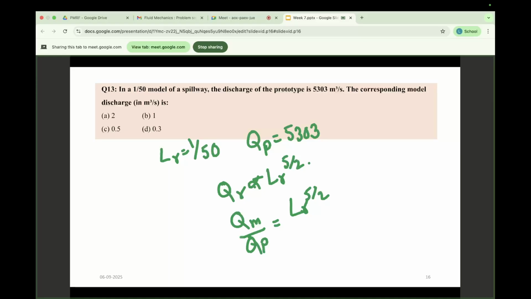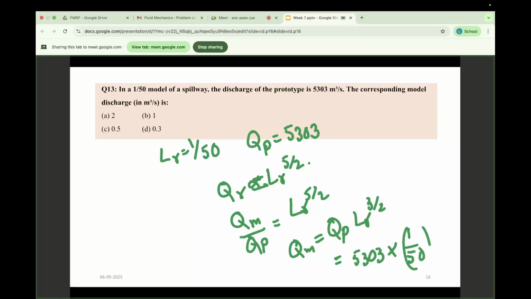So this is equal to QP into LR to the power 3 by 2. QP here is 530 into LR, which is 1 by 50, to the power 3 by 2.